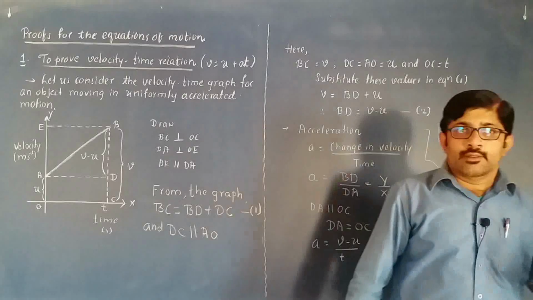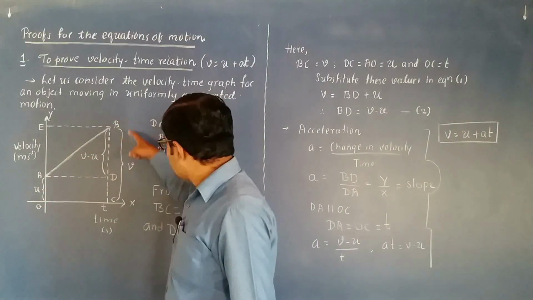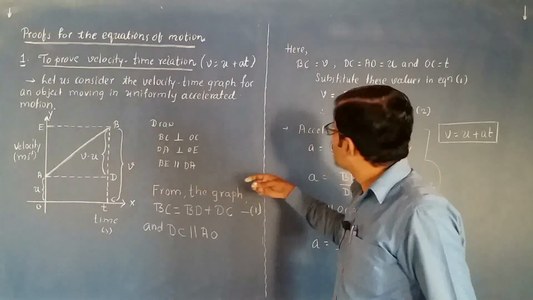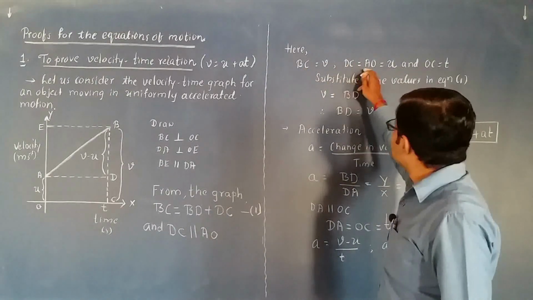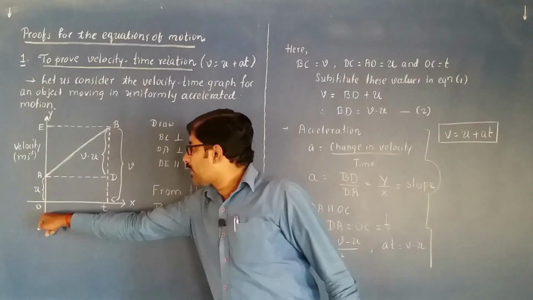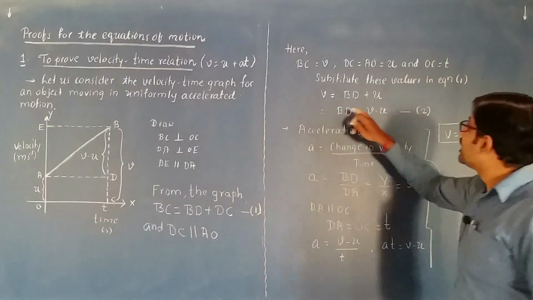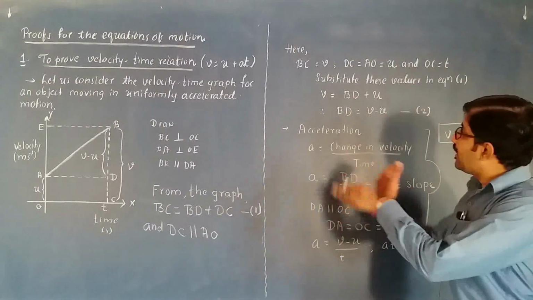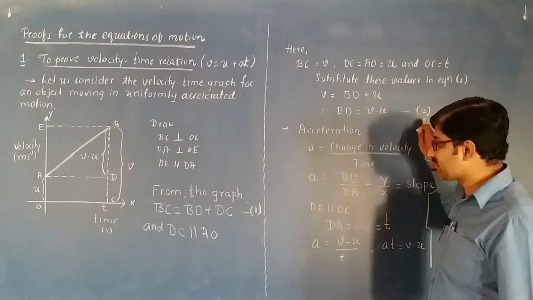From the namings, AO is U, BC is V, and we need to calculate what exactly BD is. So BC is equal to V, DC is equal to AO, which is U, and OC is equal to t. Therefore, V is equal to BD plus U, and hence BD can be written as V minus U. Call that equation 2.